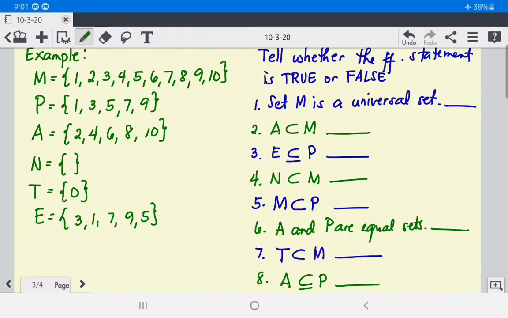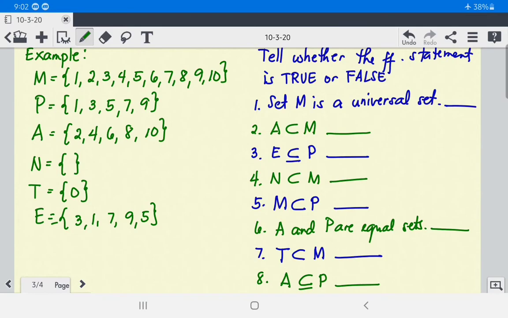We have an empty set, which is set N, and then T, the element is 0, and then set E, wherein elements are 3, 1, 7, 9, and then 5. So tell whether the following statement is true or false.